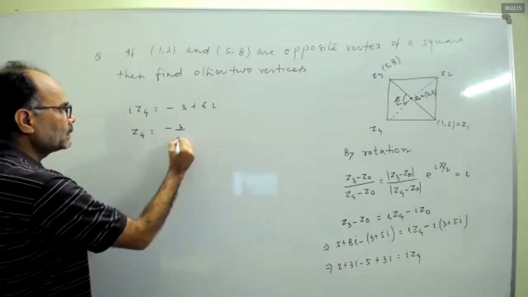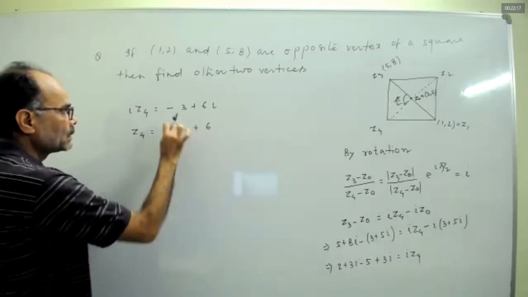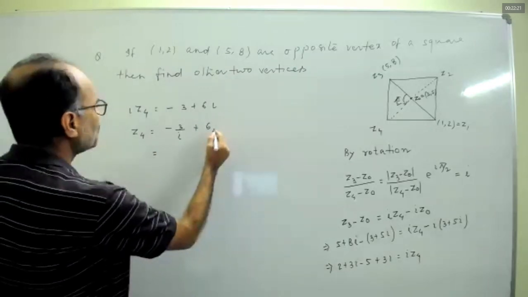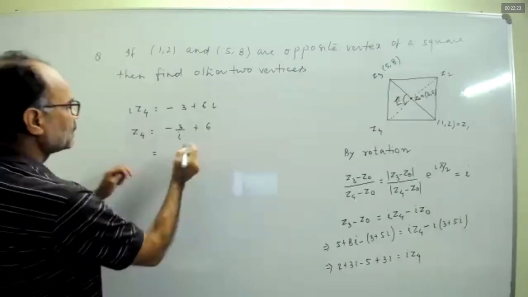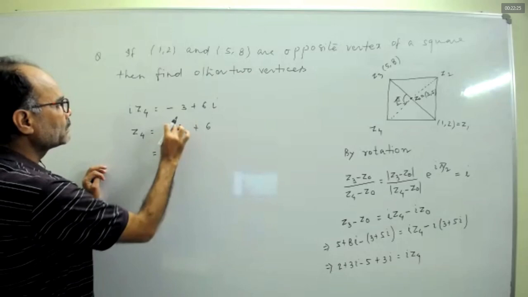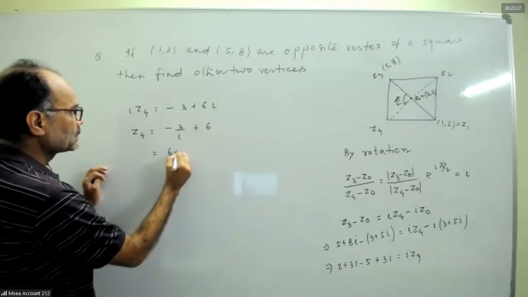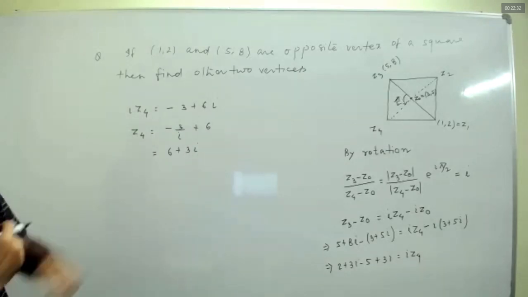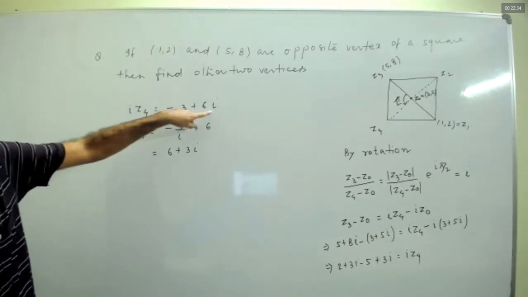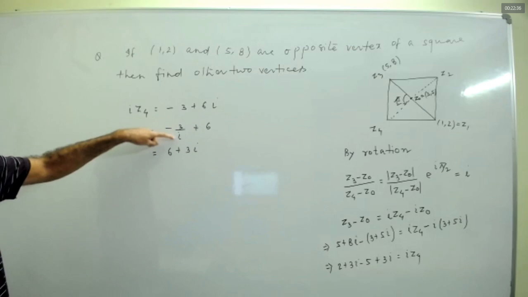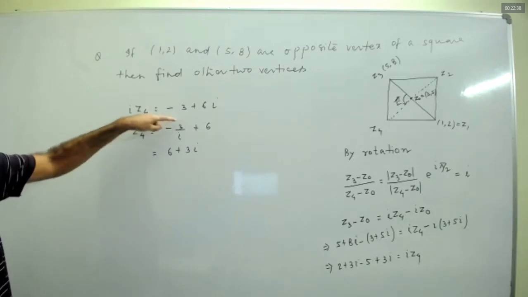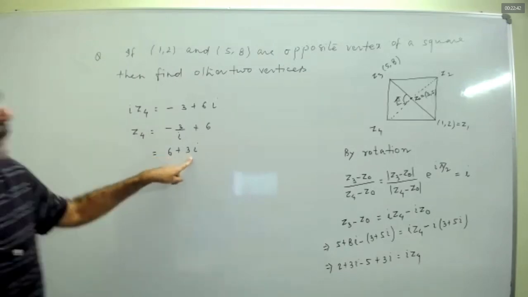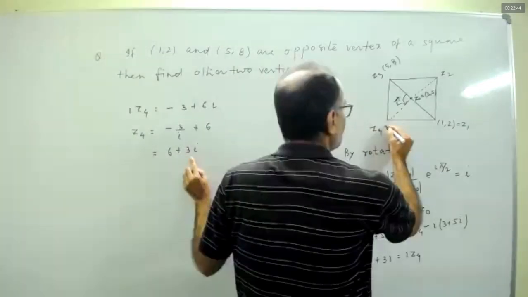Minus 3 by i plus 6, multiplying and dividing by i. Now we want i here, so multiplying and dividing by i. i squared is how much? Minus 1. So we get 6 plus 3i. This point will be (6, 3).